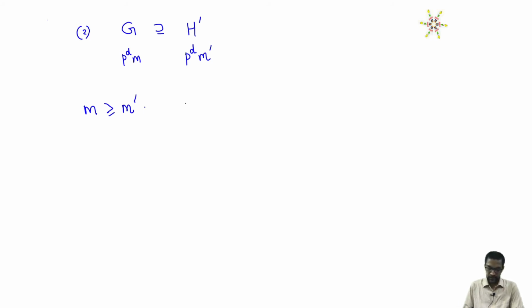Observe something more: m is actually strictly bigger than m dash. In other words, this is a proper subgroup. This is not the whole group, it's actually a proper subgroup. In other words, H dash can't be the whole thing.